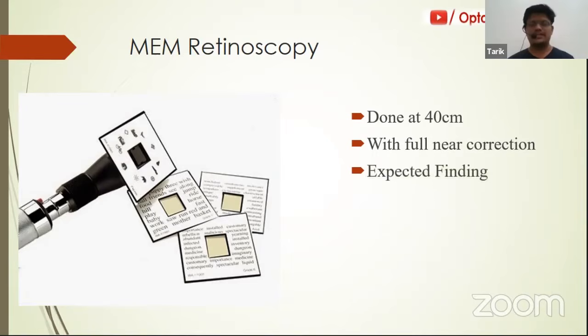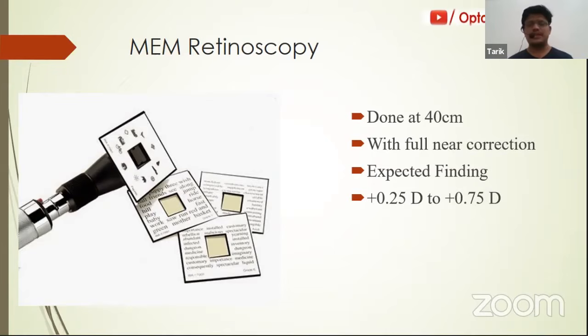Then what are the expected findings which we generally see? The normal value for a patient is between +0.25 diopter and +0.75 diopter. Again, very importantly, whenever you are doing MEM, you never keep the lens for a longer time in front of the patient, because if you keep it for 5 seconds or 10 seconds or more, the patient will quickly adapt his accommodation as per the lens kept in front of him.